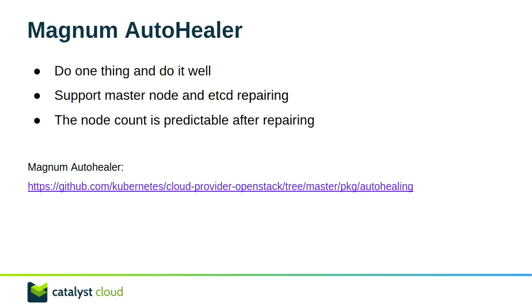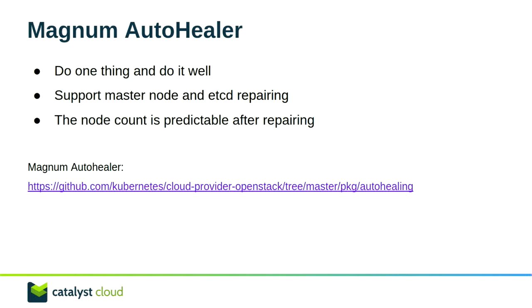I can give you some examples. For example, if you want to support EKS in AWS, because AWS already has a driver for Autoscaler, you can easily copy and paste some code from Autoscaler, the EKS driver, to finish the repairing part.